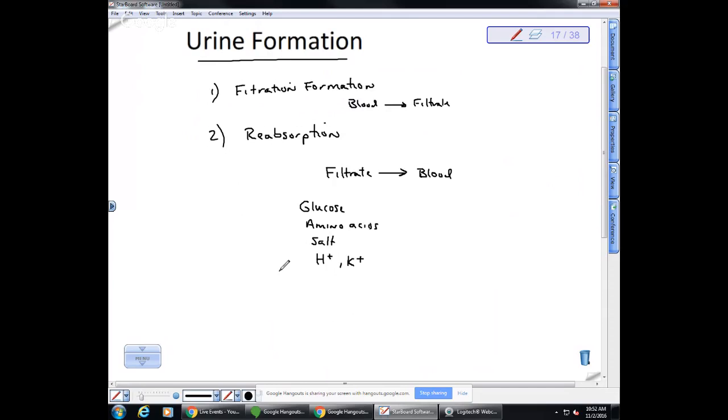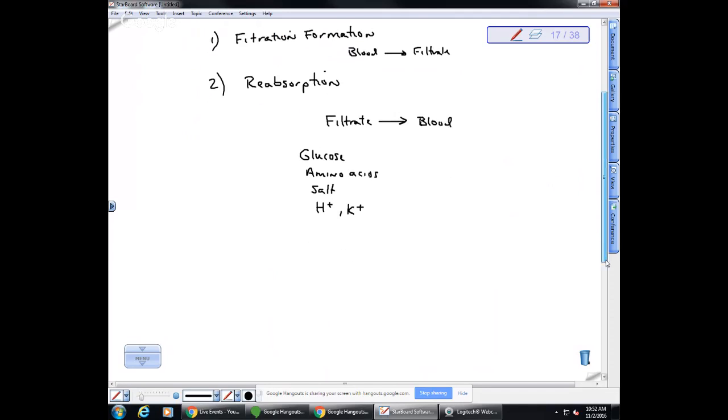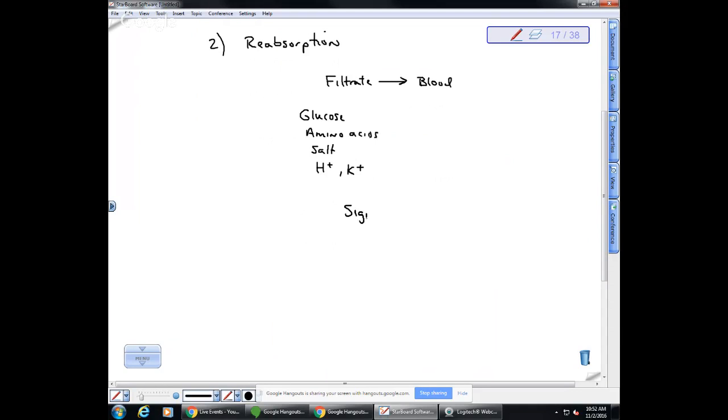Now, one of the cardinal signs of diabetes is that you have too much glucose in your urine, right? So you have glucose in the urine. So a sign of diabetes is glucose in the urine. Right?